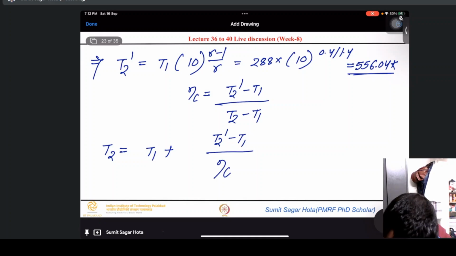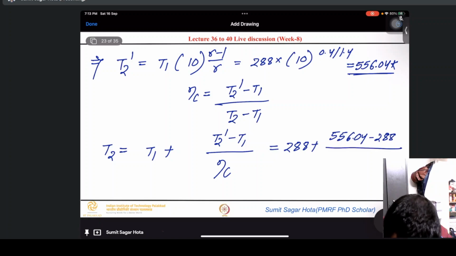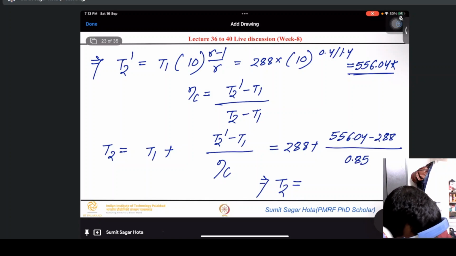Okay, 288 plus 556.04 minus 288 divided by the compressor efficiency 0.85. So T2 you get as 603.34 Kelvin.